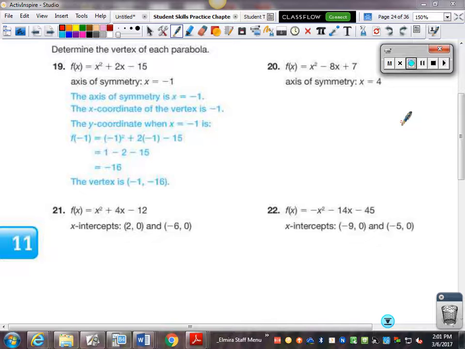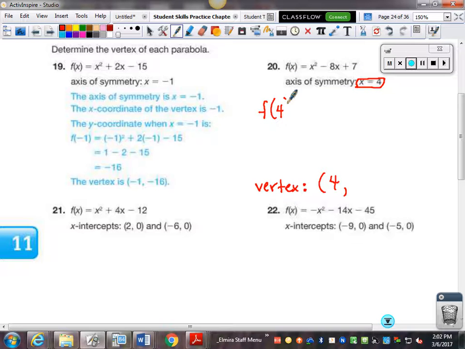If they're giving you the axis of symmetry, your ultimate goal is to find the vertex. The vertex and the axis of symmetry have the same x value. So for my vertex, I already know that 4 is my x value. To find the y value of my vertex, I'm going to sub in 4 for x.